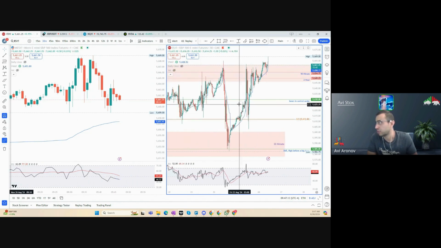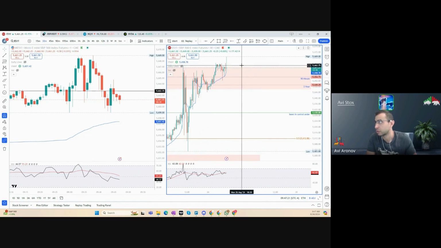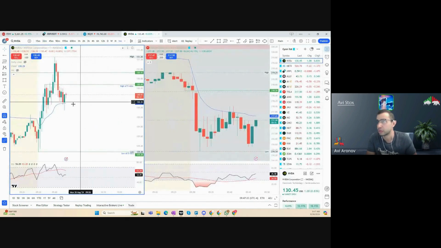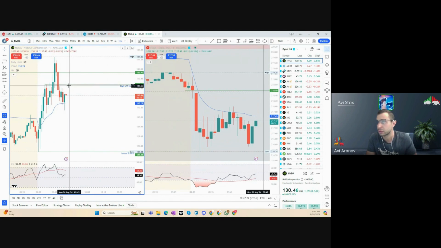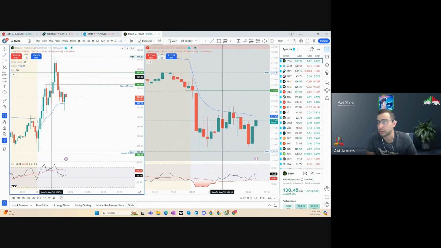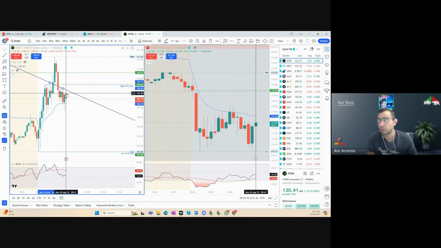I think overall the market here will go higher. So look right here. Lower.